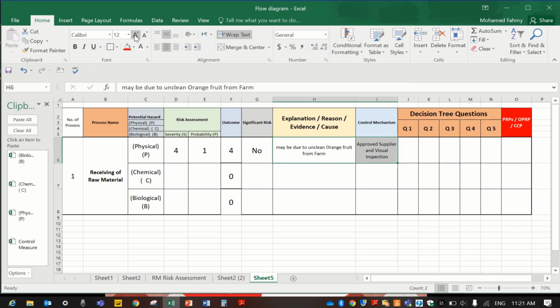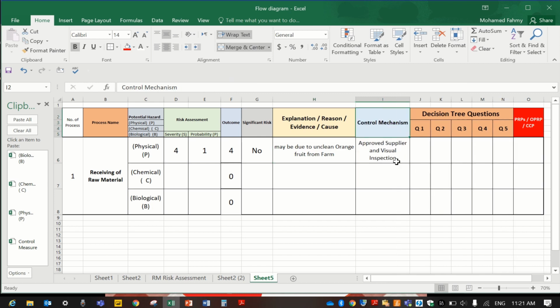It's very important to write sentences here to explain each point. Okay, no problem. There will be no decision tree, and it is PRP, because the receiving of the raw materials is PRP.